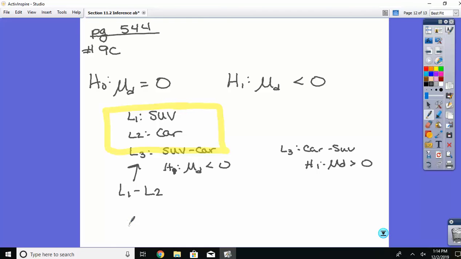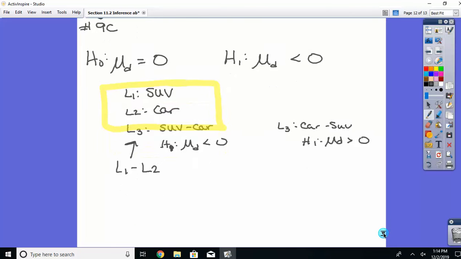So then if we go to our stat test, we want t-test. Input is data, your mu sub 0 is 0, list is L3, we said we wanted the less than, and calculate. I get a t-value of negative 2.6855, and my p is 0.0181.